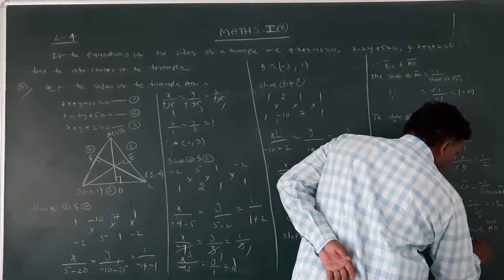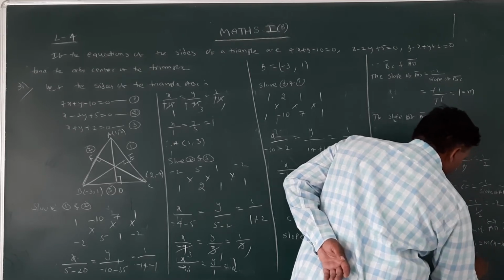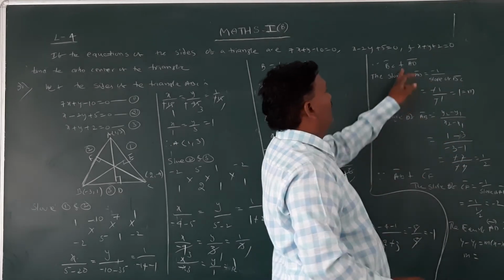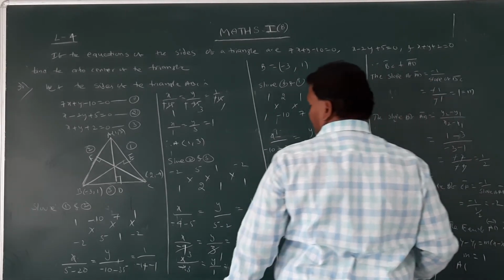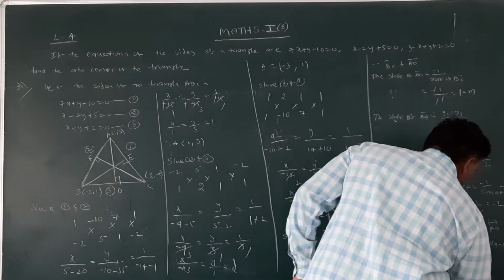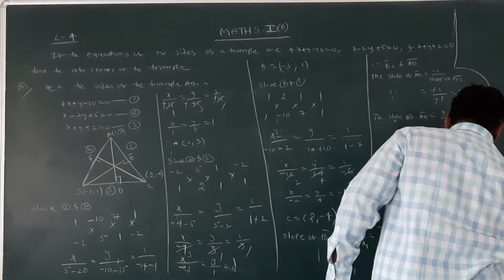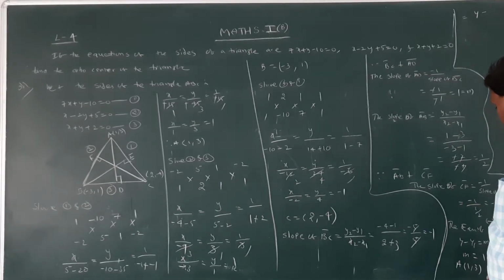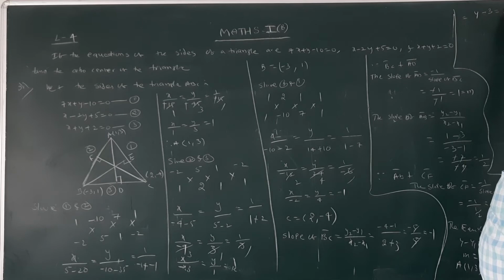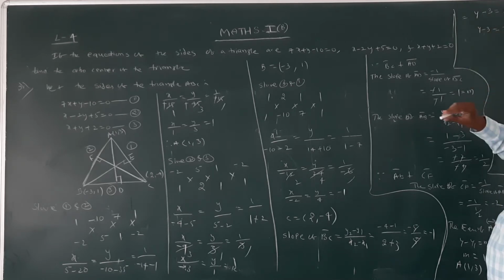which is y minus y1 is equal to m into x minus x1. What is the slope of AD? It is equal to 1. Next, what are the vertices of A? 1, 3. So y minus 3 is equal to 1 into x minus 1, so y minus 3 is equal to x minus 1.